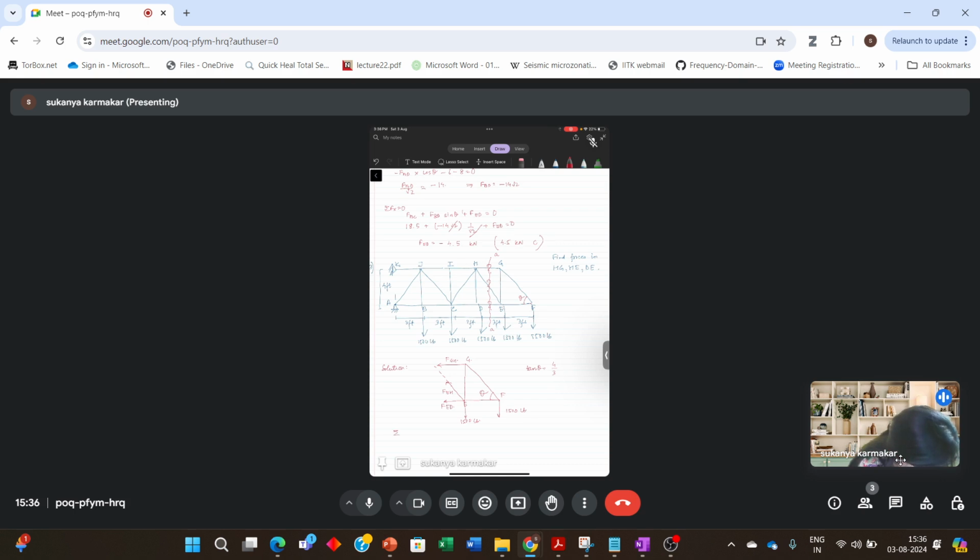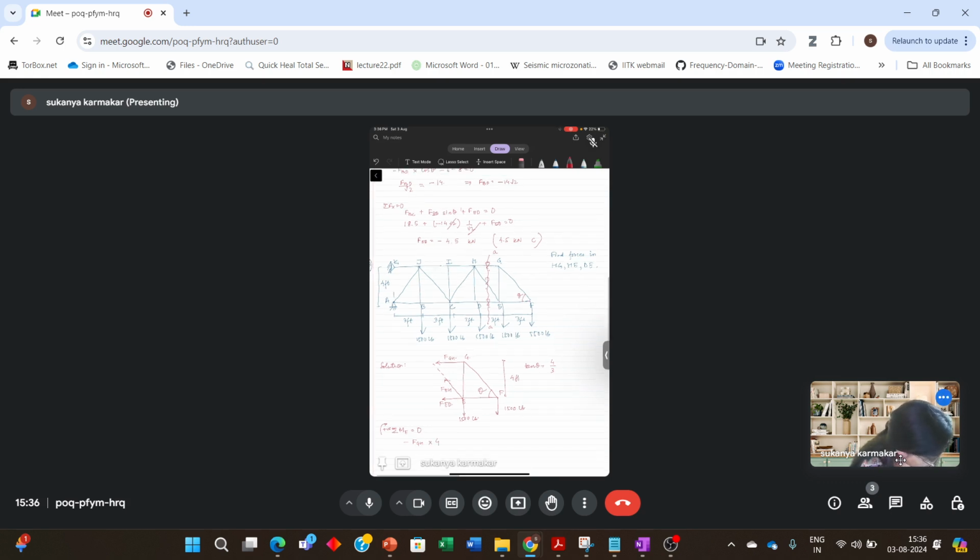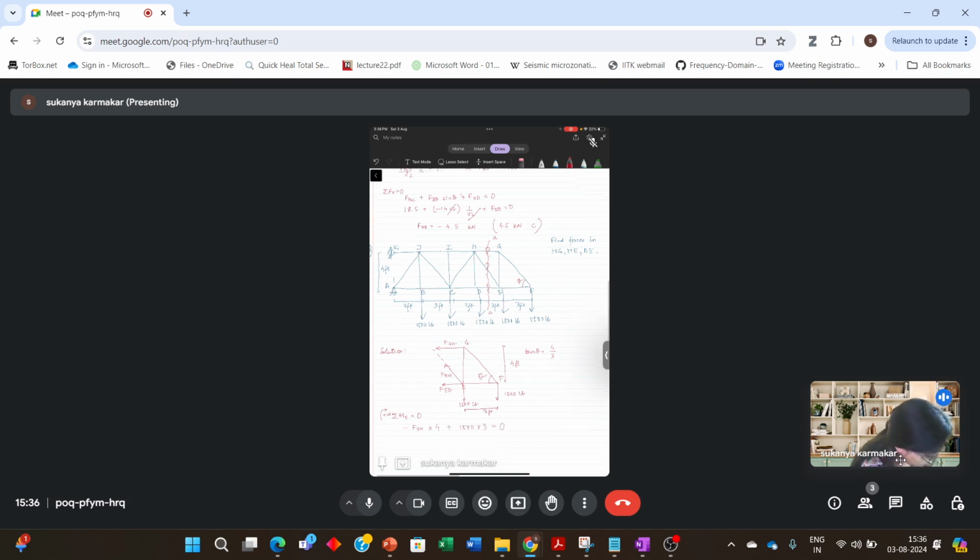Let's take the moment about point E equal to 0, and let's take clockwise moment to be positive. So minus FGH at a distance. How much is this distance? This is 4 feet, so into 4, and this distance is 3 feet. So plus 1500 into 3 is equal to 0.